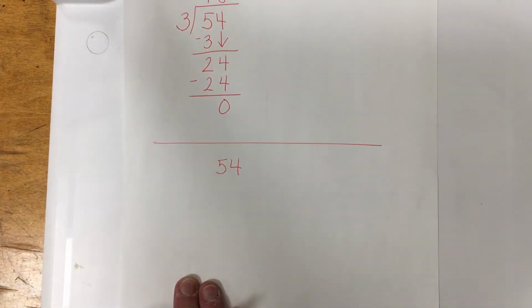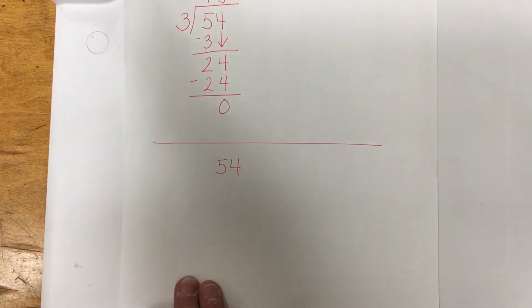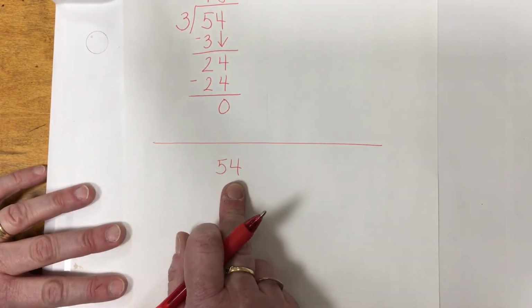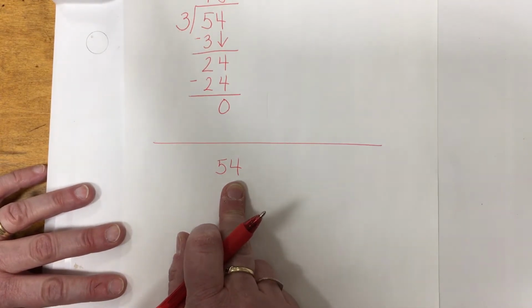Well, no, because when you count by 5s, each number ends with a 5 or a 0. 54 does not end with a 0 or a 5. So I know right away 5 is not a factor of 54.